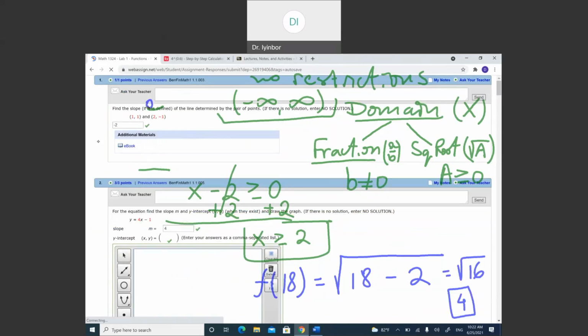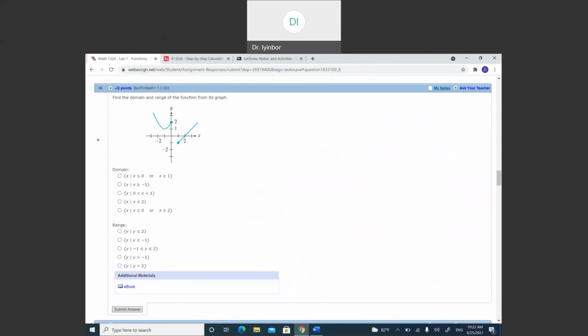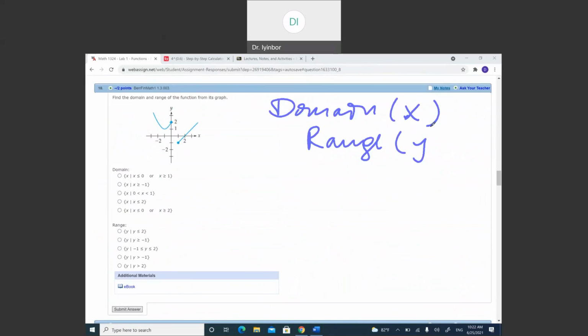Okay. Then 9 was good. Now we're going to go to number 10. In number 10, you have to find the domain and range. And I told you the domain is x and the range is y. So here we have a graph. What you need to do is look at the x-axis first. So x is horizontal, right? You're going to look left and right, and see where you have a graph. You have a graph starting at this point going this way, and also a graph starting at this point and going that way.